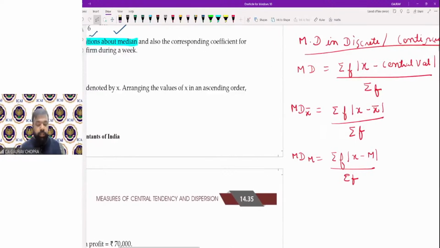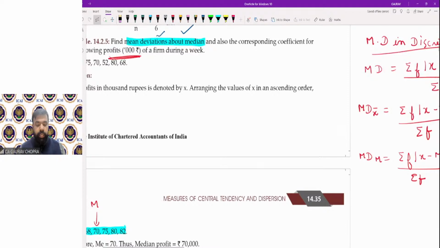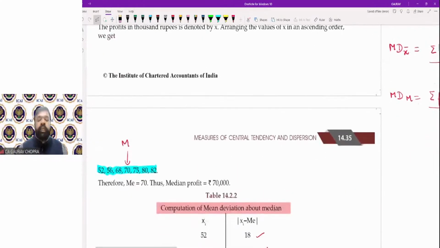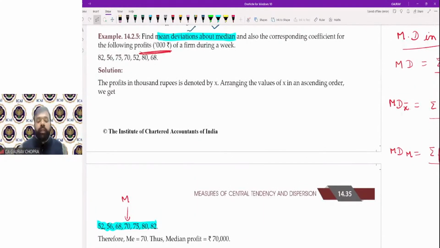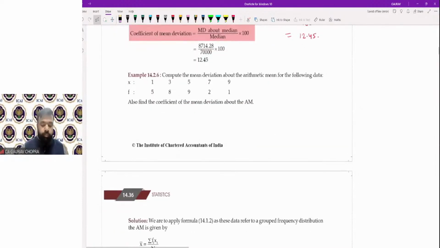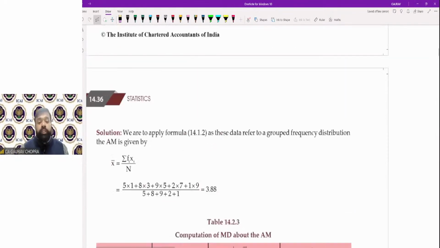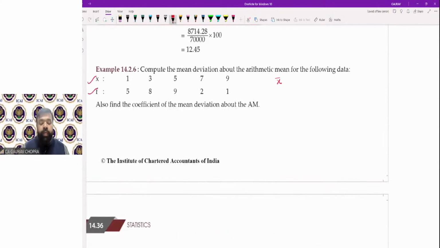Okay, so now let's get the next question, 18.2.6. Compute the mean deviation about arithmetic mean from the following data. So the series is given, x and f are given. The first step is to find the arithmetic mean. The formula for arithmetic mean is sigma fx upon sigma f.